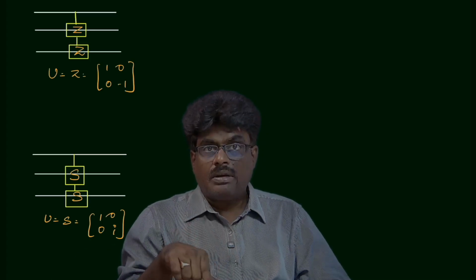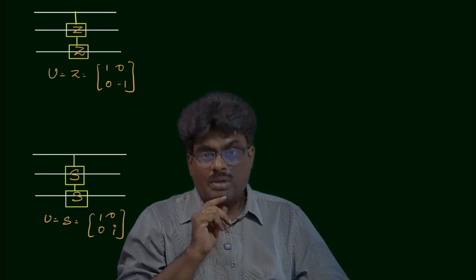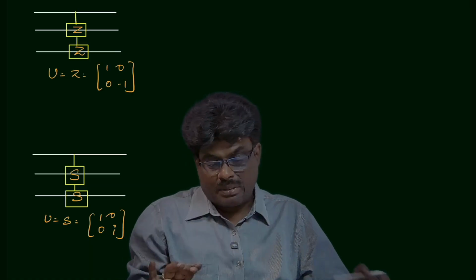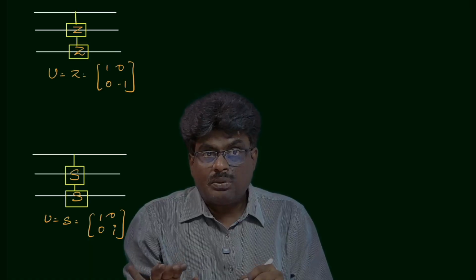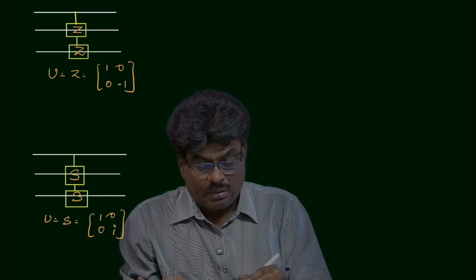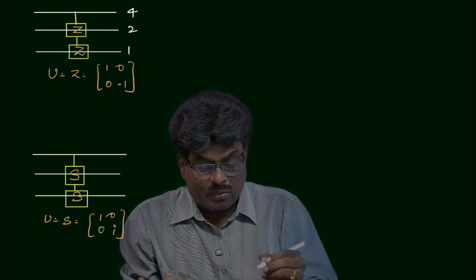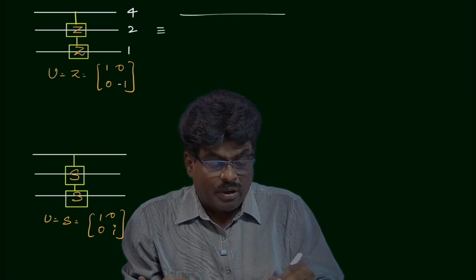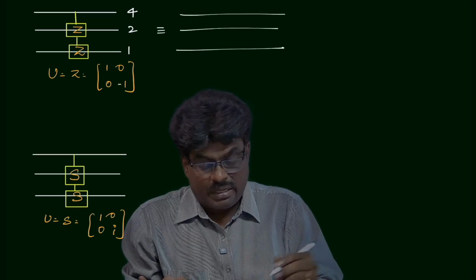Okay, so here earlier we have discussed one control and two targets. Let us take two more examples. Now in this case I have taken u as z, that is 1 0 0 minus 1. Okay, so 1 2 4. So here what you have to take, how to take it separately.